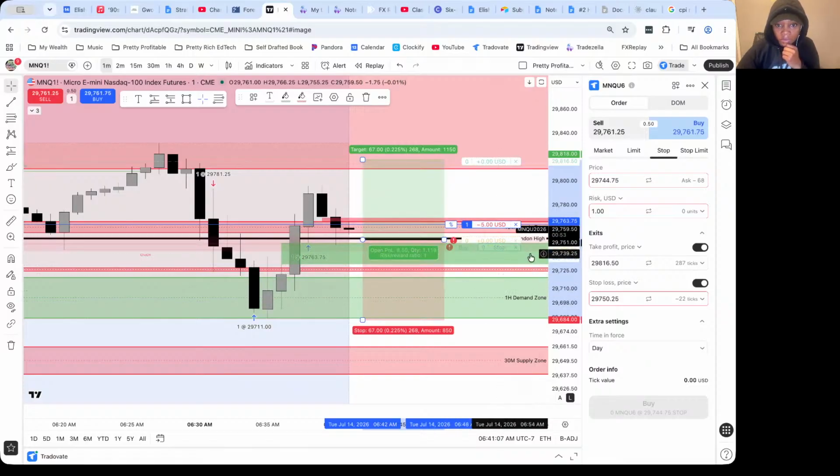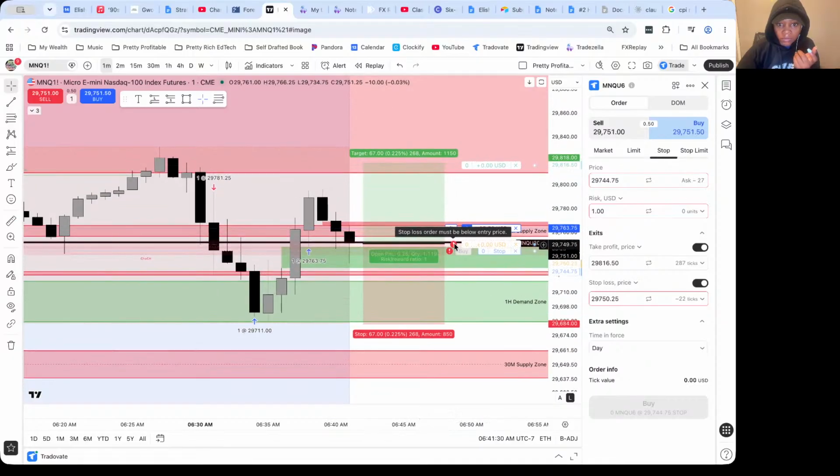The only thing that I'm struggling with is like it's not. See, now it's reversing, so it's like, look, stop loss must be lower than the entry, but my stop loss was lower than the entry, you know.